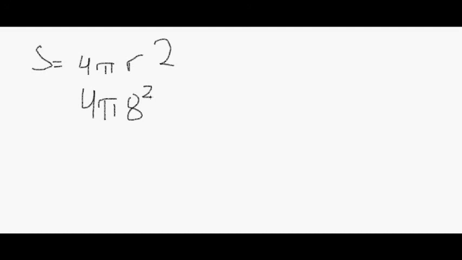Right? 4 times 64 is 256, so 256 pi. And then that times 3.14 is roughly 804 square units would be the answer.